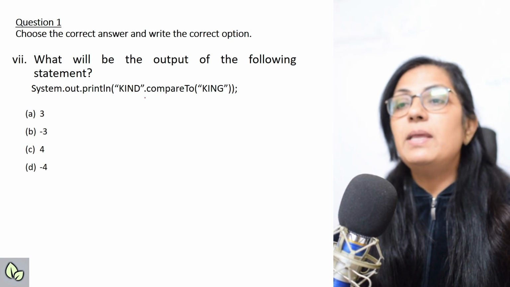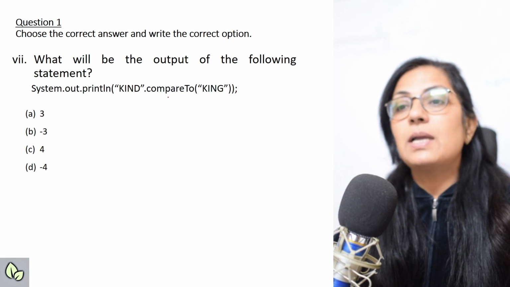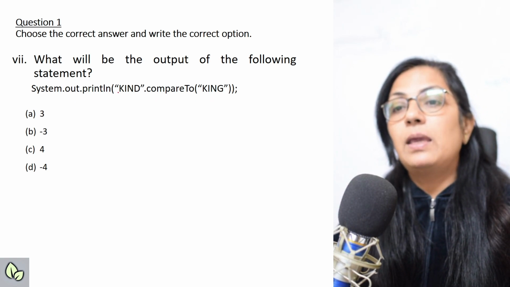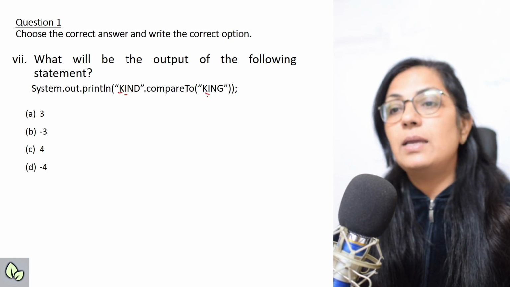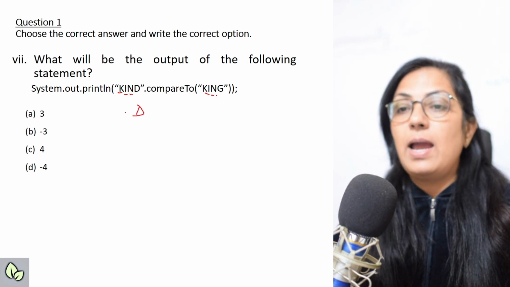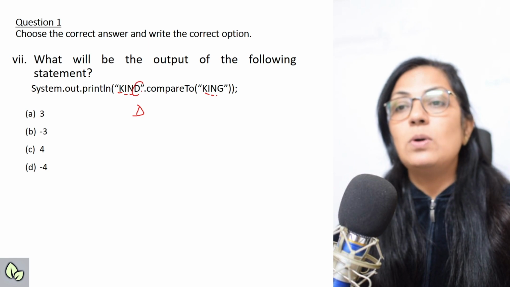Seventh one. What will be the output of the following statement? Kind dot compare to king. K and K same letters. I and I same letters. N and N same letters. So D and G, these two are different.